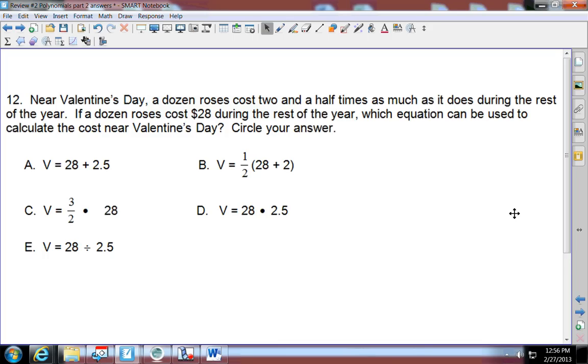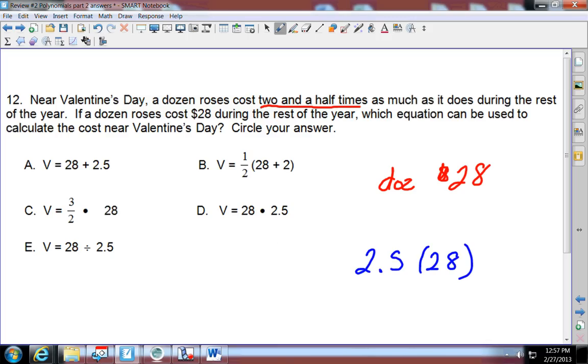A dozen costs $28, and it costs 2.5 times as much. So basically, we're going to take 2.5 times 28. That shows you how much it would cost at Valentine's Day.